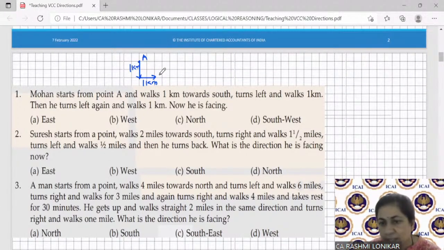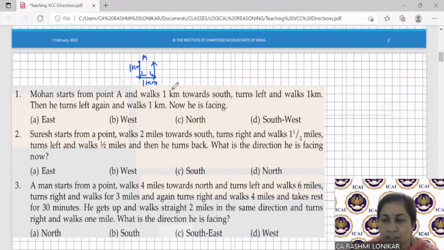Then he turns left. When he was moving to the south, this was his left. When he is traveling this side, this is his left. He moves to the left and walks 1 kilometer, so he is in this direction.